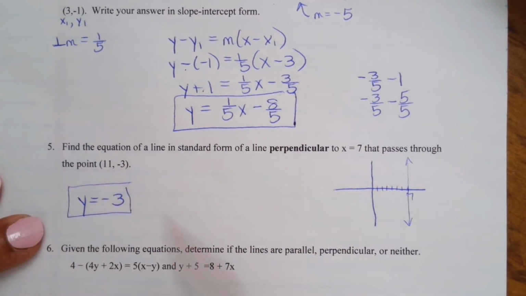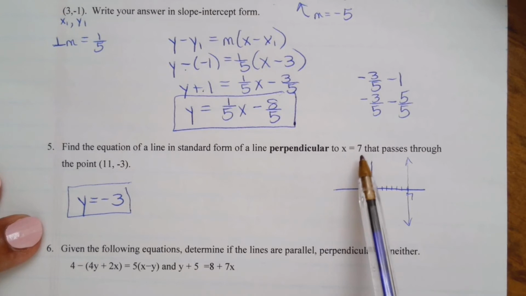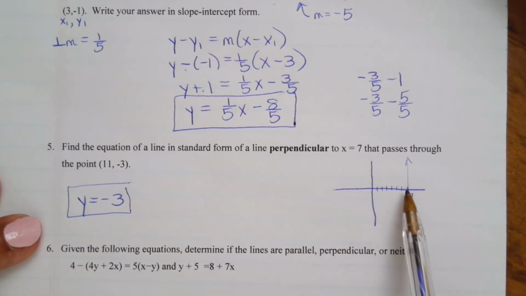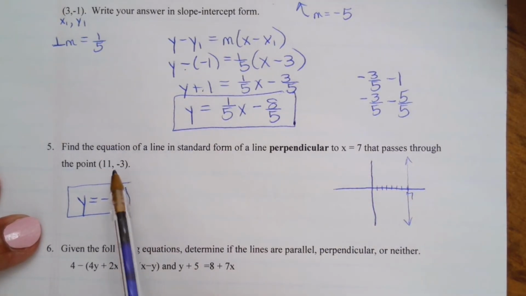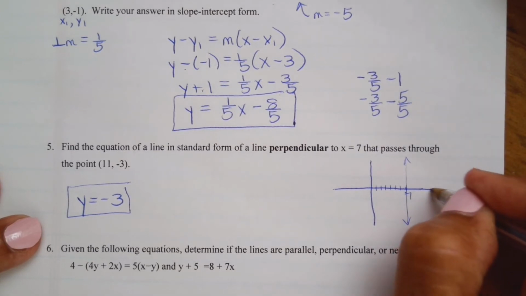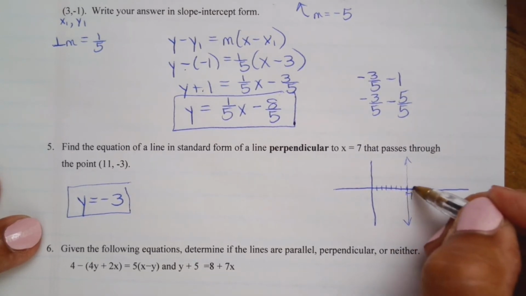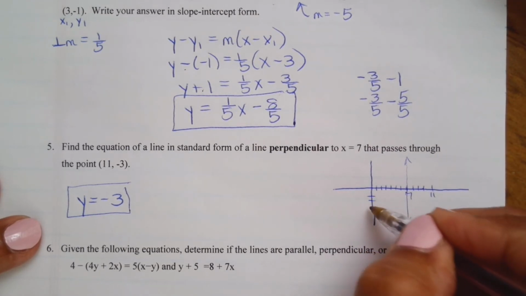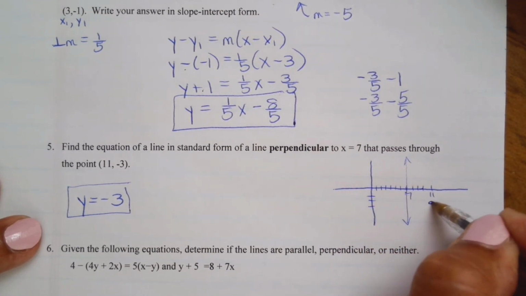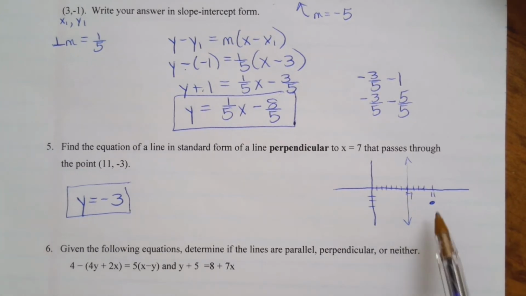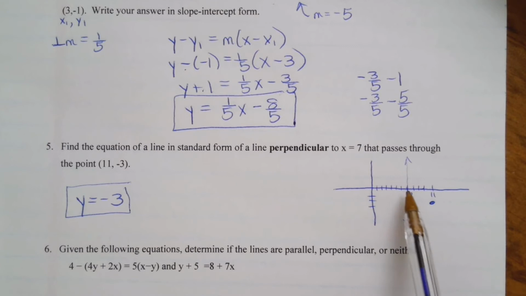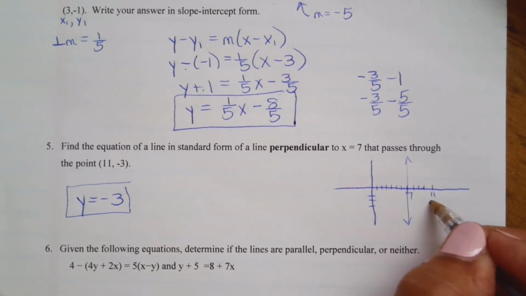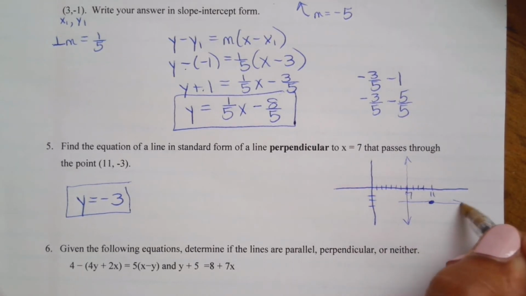But let's say you forgot that. So if you remember that this is a vertical line, then just look at this point, (11, -3). If I plot that point, here's 7, 8, 9, 10, 11. So here's 11, -3. There's the point (11, -3). Your line has to go through this point and it has to be perpendicular to this line. So it has to be a horizontal line, right?